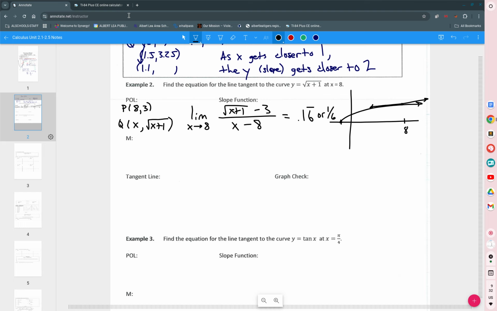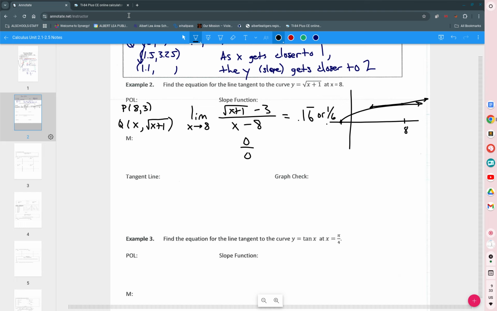Now here's the interesting piece. Watch what happens if you would plug in 8 for x. 8 plus 1 is 9, square root is 3, minus 3, 0. 8 minus 8, 0. So we're accomplishing the task of 0 divided by 0. And it produces for us in this situation 1/6.